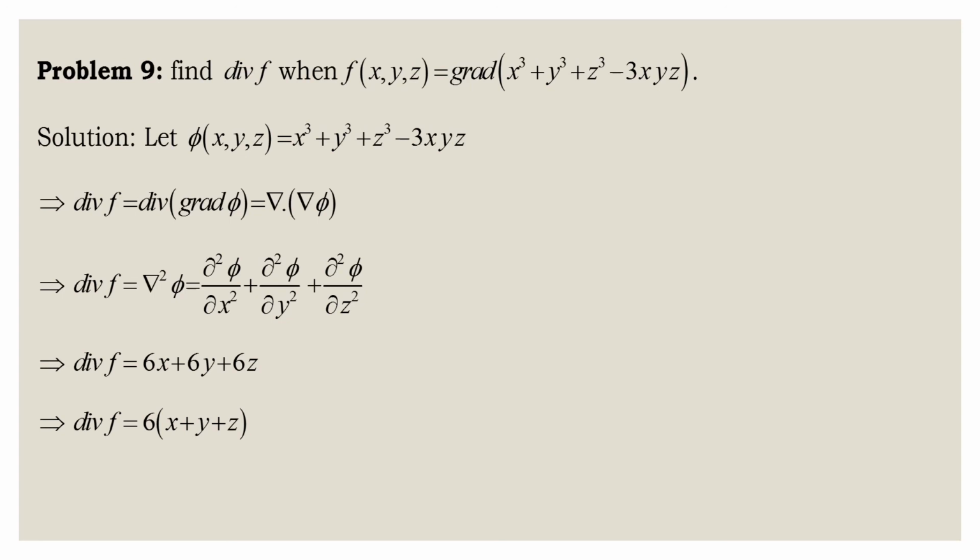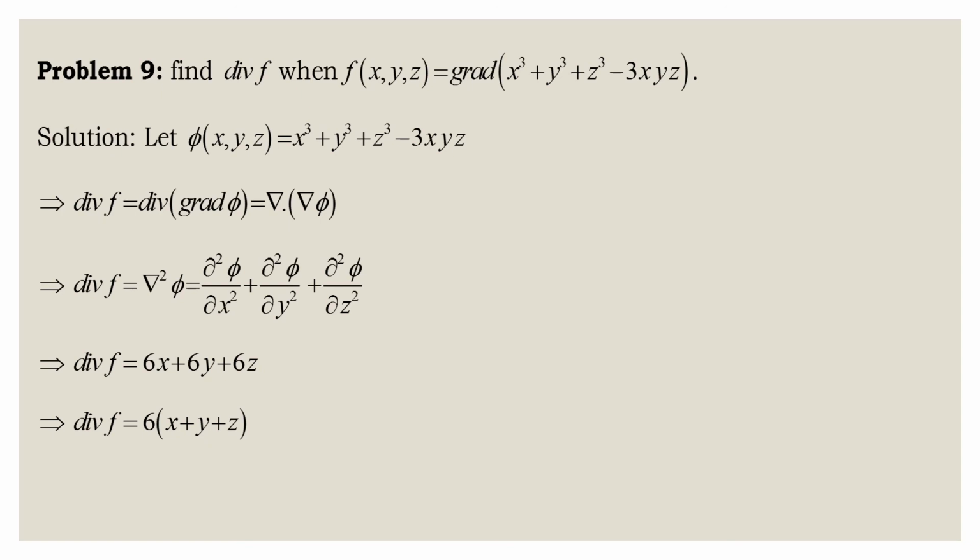In the second method, we can directly find out div of grad phi equals del square phi. That means the Laplace operator applied on phi, which is equal to dou square phi by dou x square plus dou square phi by dou y square plus dou square phi by dou z square. In whatever way we find out this value, we get the same.